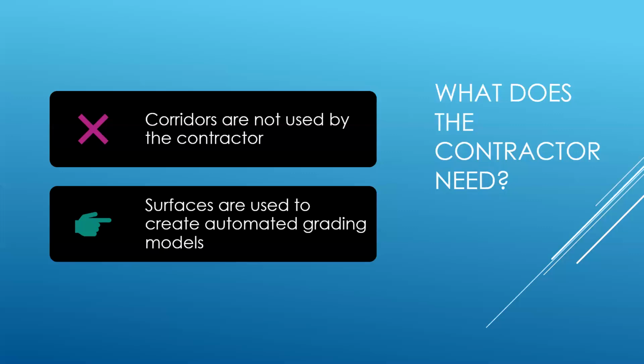Is there a better way to create the stage surfaces, especially if it's not needed by the contractor? What we found is the stage corridors are just a tool to facilitate stage surface creation. And this was early in our Civil 3D knowledge, so we needed to question every assumption as we move forward.